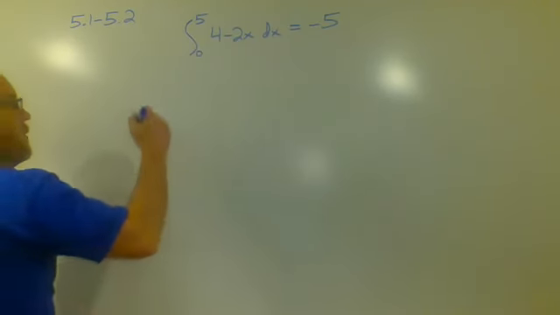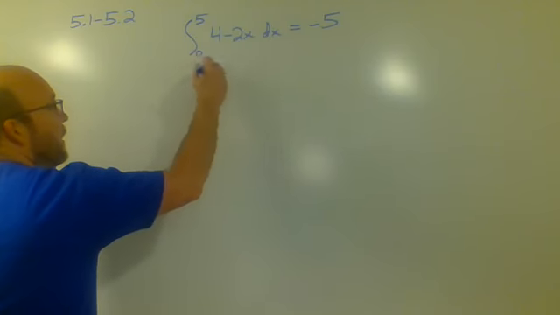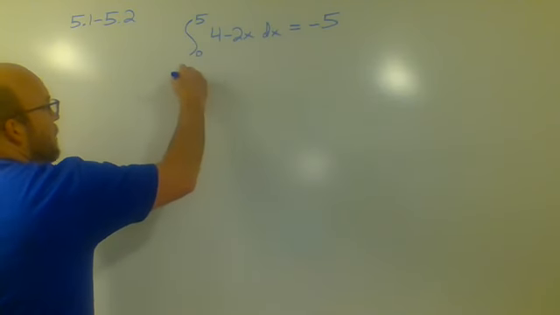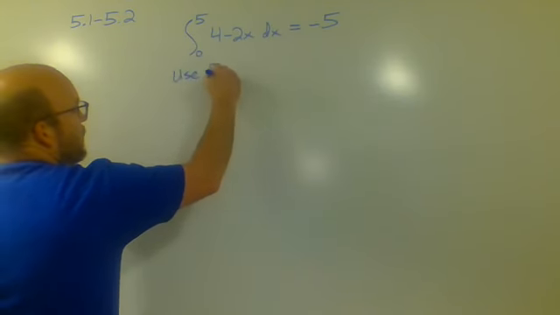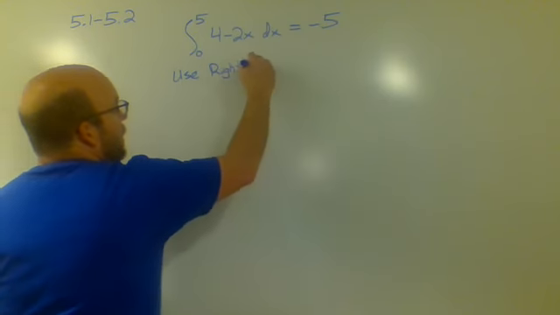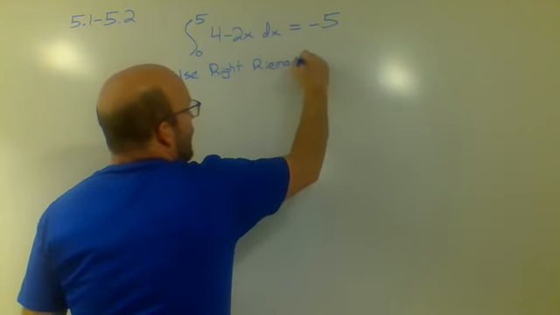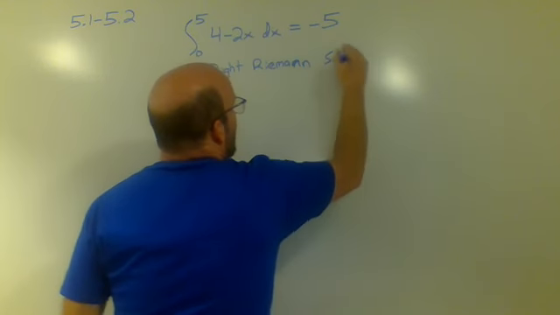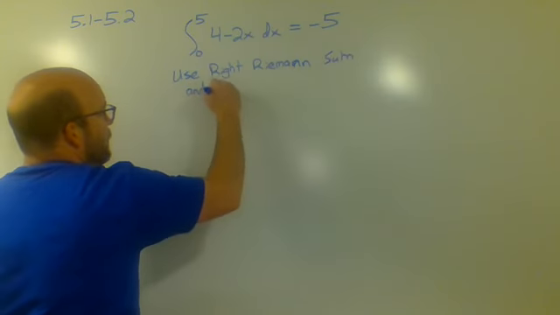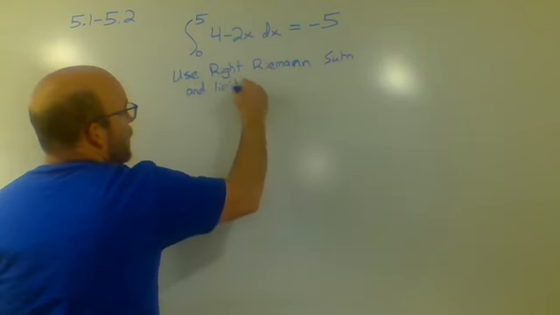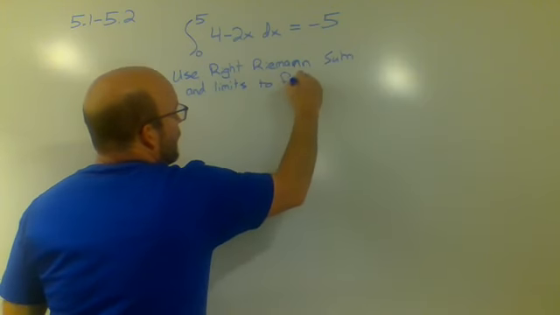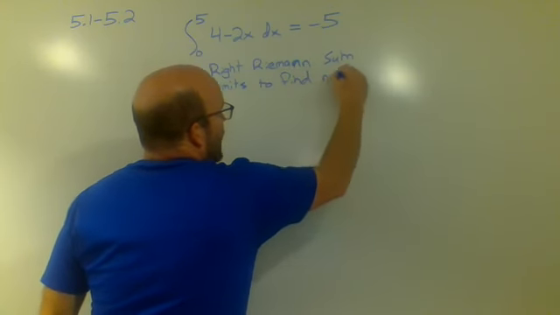But if the textbook asks you, you might see something like this: use a right Riemann sum and limits to find the net area.